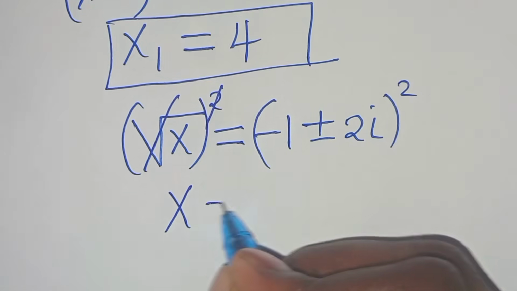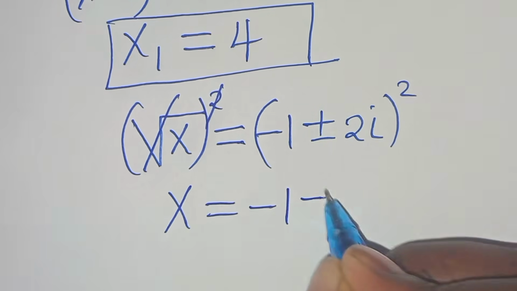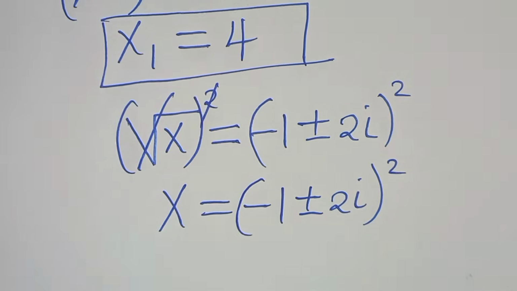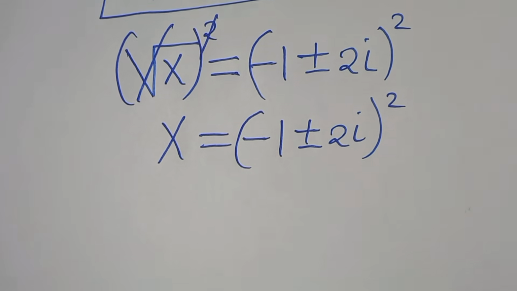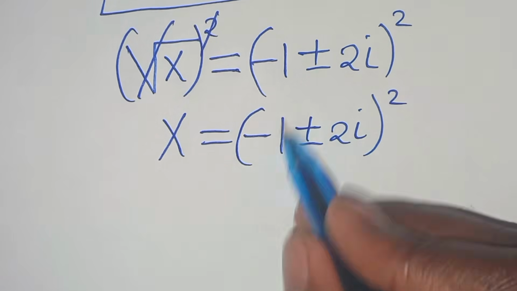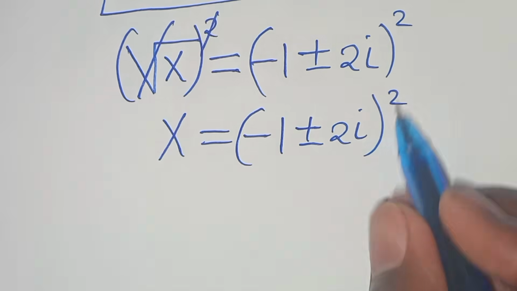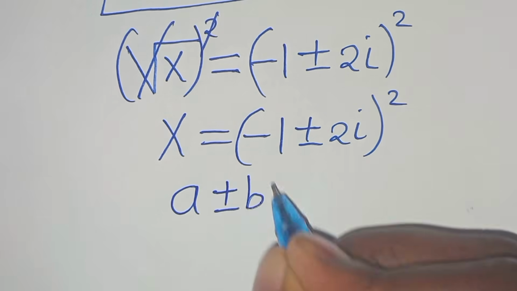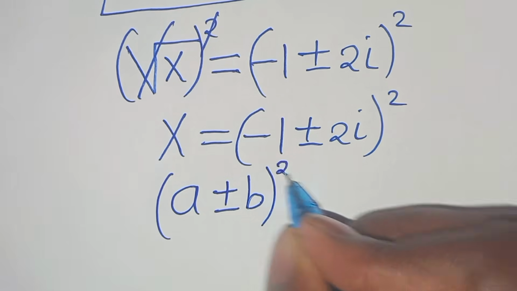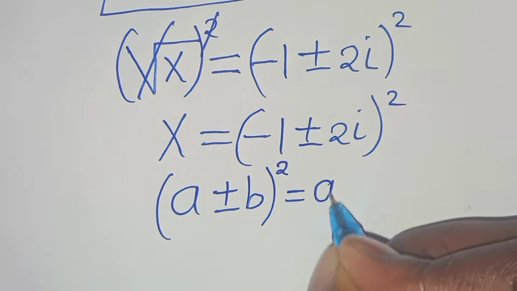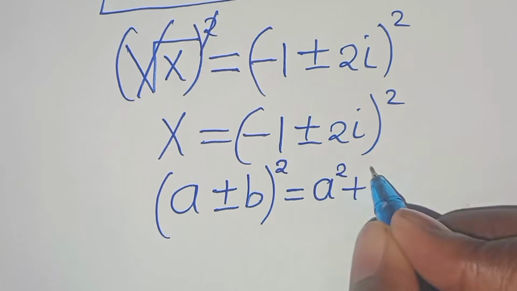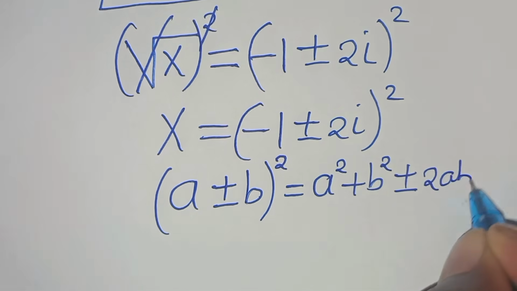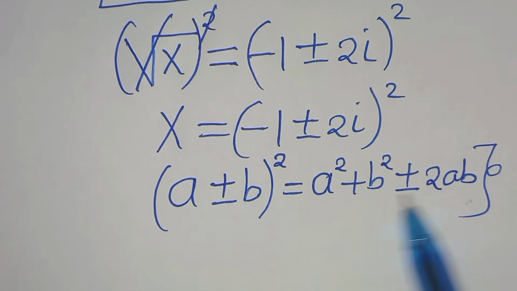So we have x is equal to minus 1 plus or minus 2i raised to the power of 2. This is in the form of a plus or minus b raised to the power of 2. This can be expressed as a to the power of 2 plus b to the power of 2 plus or minus 2ab. Applying this algebraic identity.